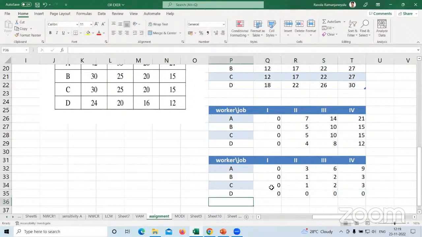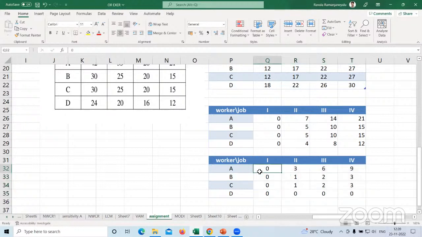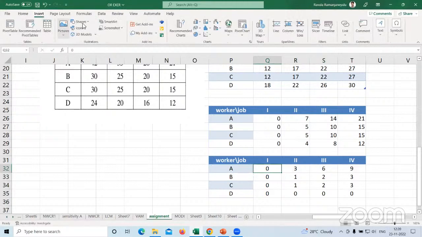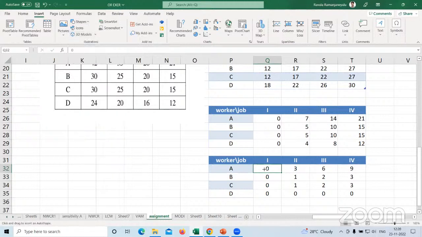So row reduction and column reduction, we made it. Right. After doing all these things, we need to assign it. To assign it, what will we search? Row wise single zero. If single zero is there, we can assign it here. The assignment can be made here.